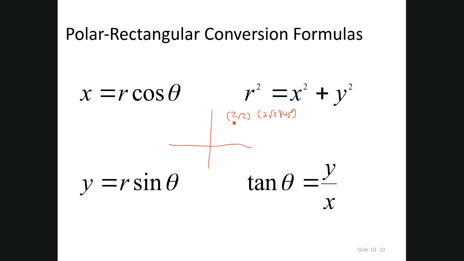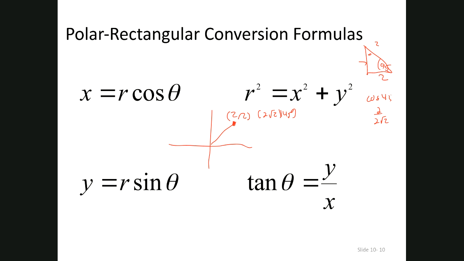Well, if you think about it, if you wanted to get the x value, all you do is multiply 2 square root of 2 times cosine of theta. So if you did cosine of 45 degrees, what is cosine of 45 degrees? If you remember your special triangles, cosine of 45 degrees is 2 over 2 to the square root of 2, right?